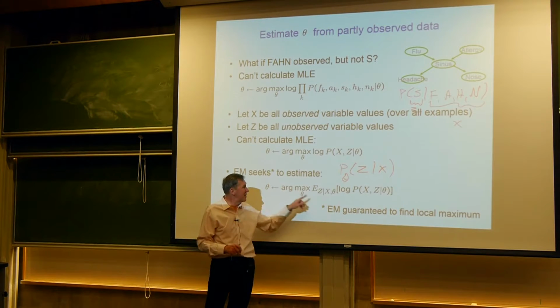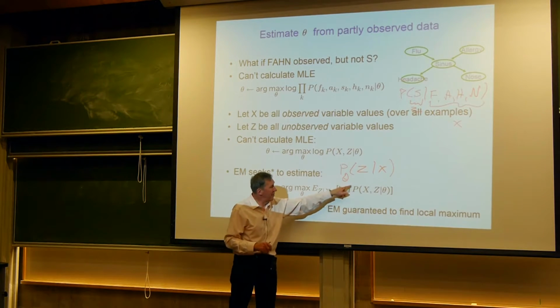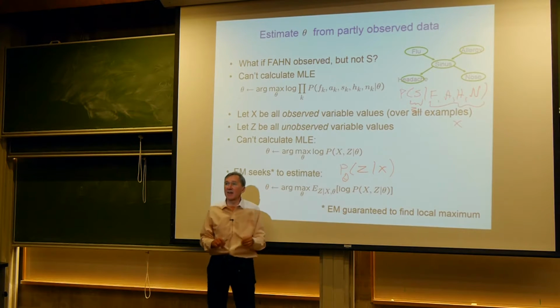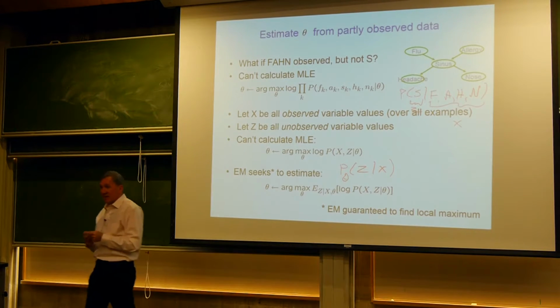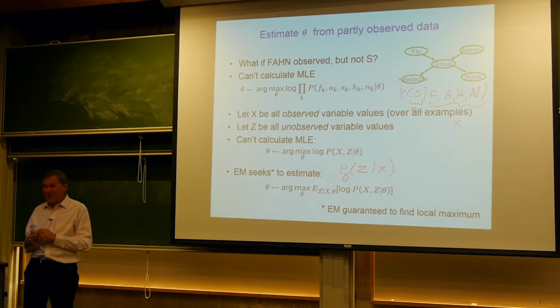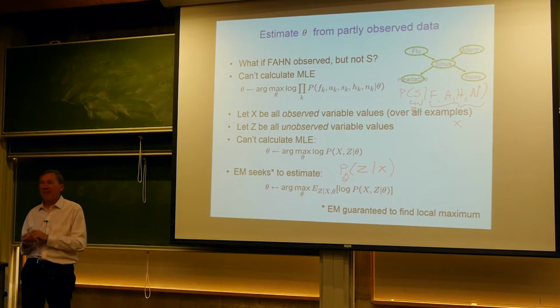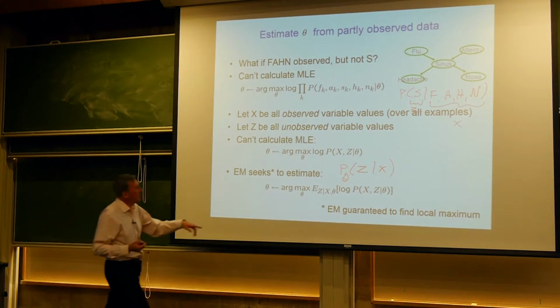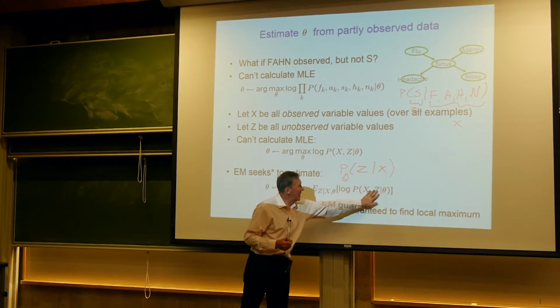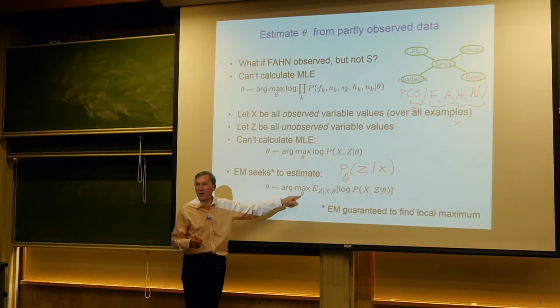And it converges to a guaranteed local optimum for this expected likelihood. What does EM stand for again? EM stands for expectation maximization. Too many syllables. Expectation meaning the expected value of this, and we're trying to maximize it by picking theta.